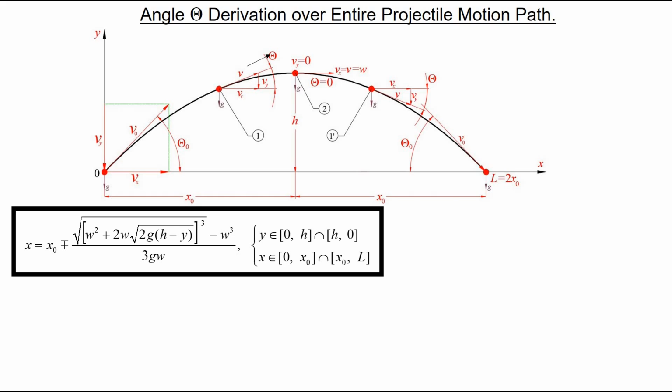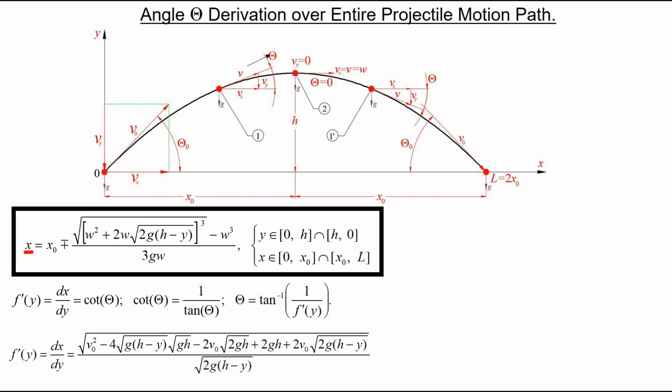To solve the angle, first we need to know such trigonometric identities. First, we find the derivative of a projectile motion equation from dy change. Derivative result of cotangent insert into this identity, and a result of the angle change theta as function of y is.